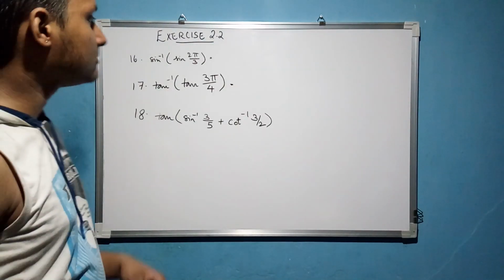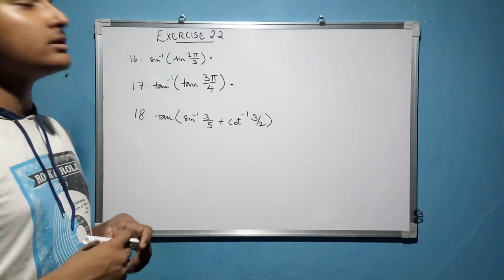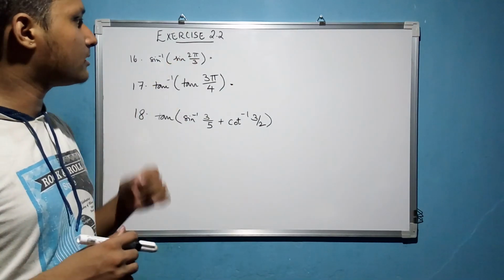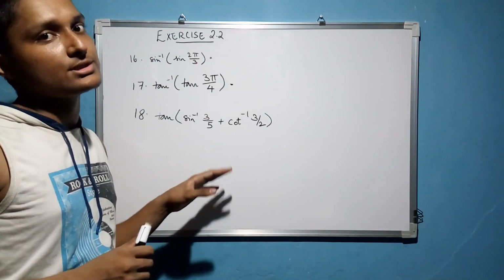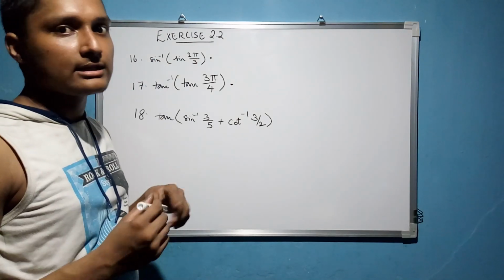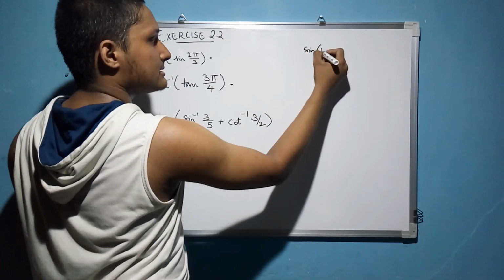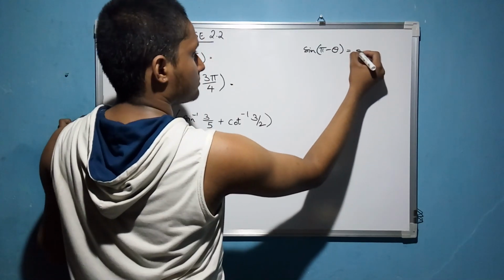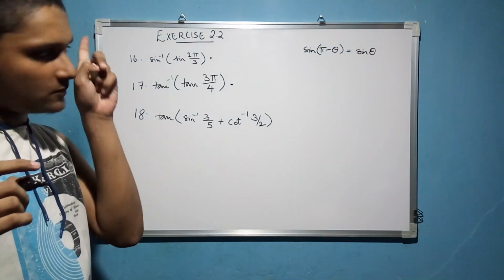You have the 16th and the remaining questions here. The first one of that is sine inverse of sine 2 pi by 3. So we can find out that 2 pi by 3 doesn't belong to that angle range, that is minus pi by 2 to pi by 2, the principal value branch. It is greater than that, so somehow I need to change that value. The most required one is sine of pi minus theta is equal to sine theta.